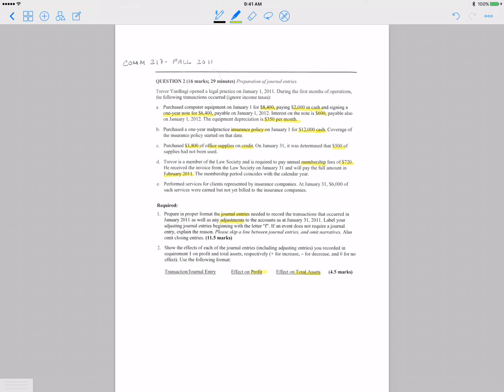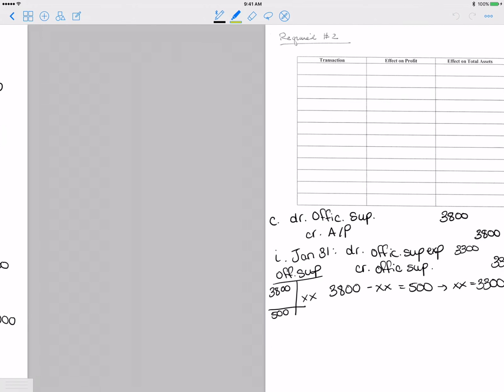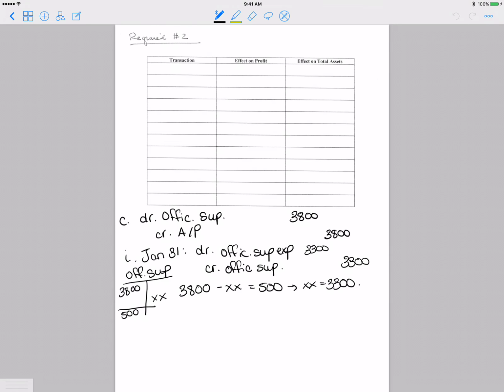So we know that we're not dealing with cash basis accounting, we deal with accrual basis, so we need to just record whatever he's accrued, not what he's going to owe or what he's going to pay in the months to come. They also tell us that the membership coincides with the calendar year. That means that by the end of the month, he's used 1 month of this membership. Therefore, we have an expense that we need to record.